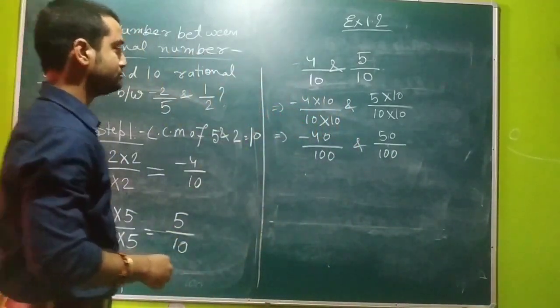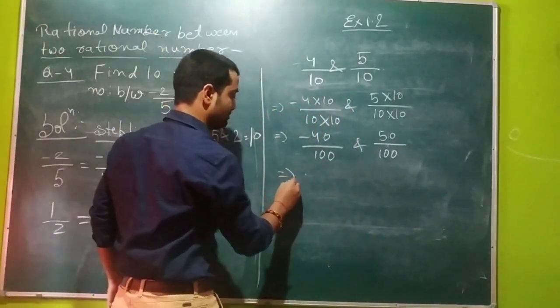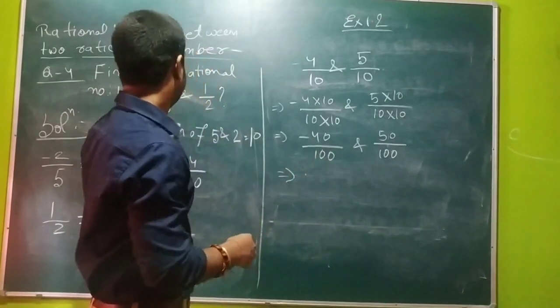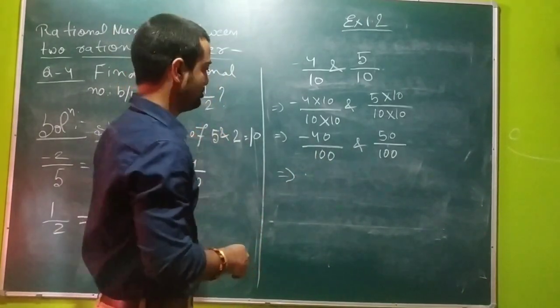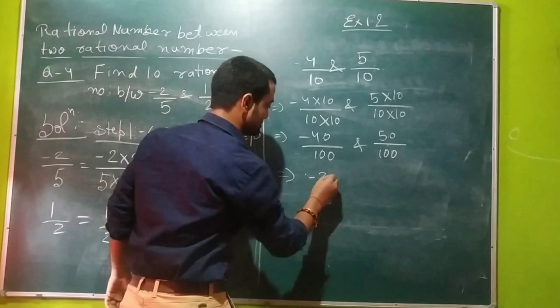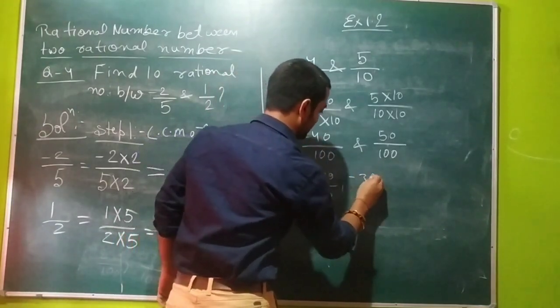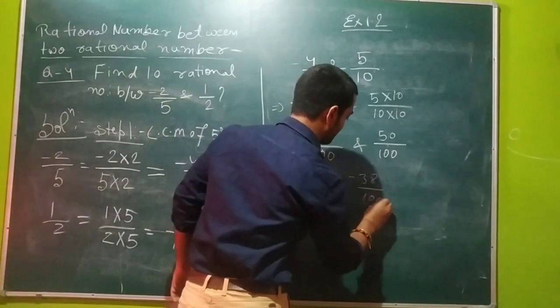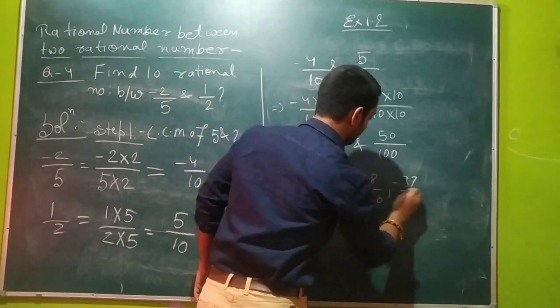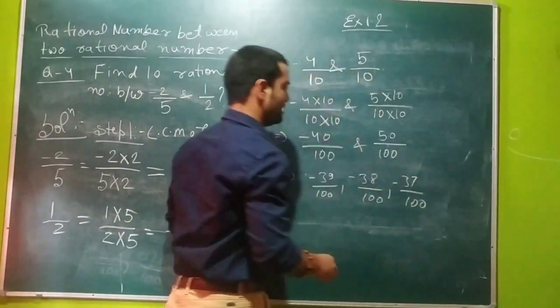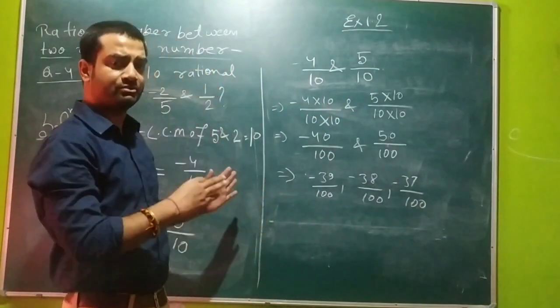So, now we will get sufficient rational numbers between minus 2 by 5 and 1 upon 2, such as minus 39 upon 100, minus 38 upon 100, minus 37 upon 100. You can take any 10 rational numbers between these two.